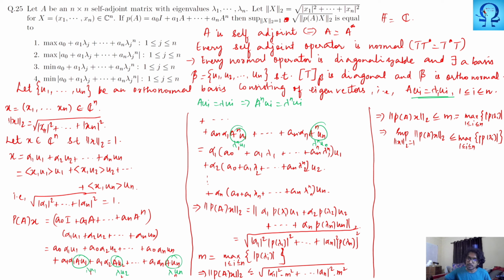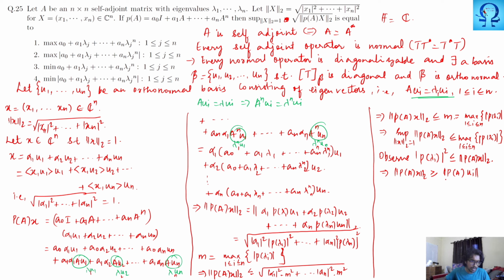In order to prove the other way, you just observe this absolute of p of lambda i whole square is smaller than or equals norm of p of a x, from which what we have is norm of p of a x2 is bigger than or equals norm of p of a ui. You may have it as u1, any ui, for some i between 1 to n, with which what can we say?